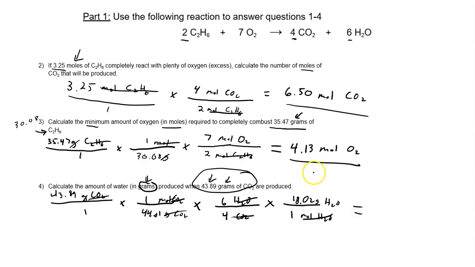And when I multiply 43.89 times 6 times 18.02 equals, divided by 44.01 equals, divided by 4 equals, I get, with rounding, 26.96 grams of H2O.